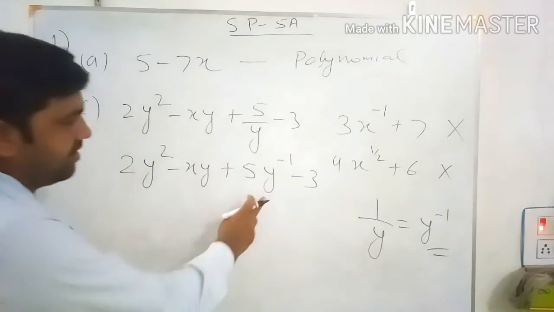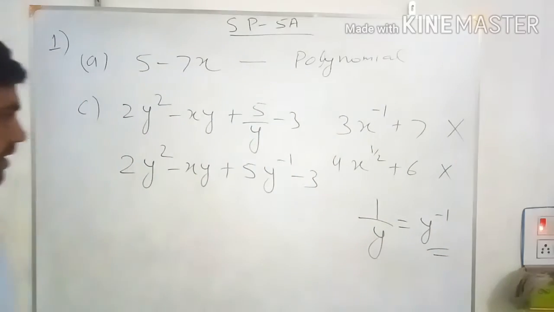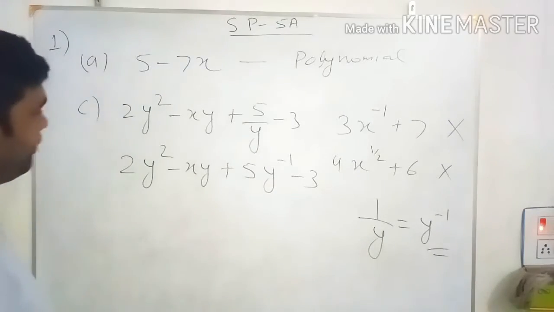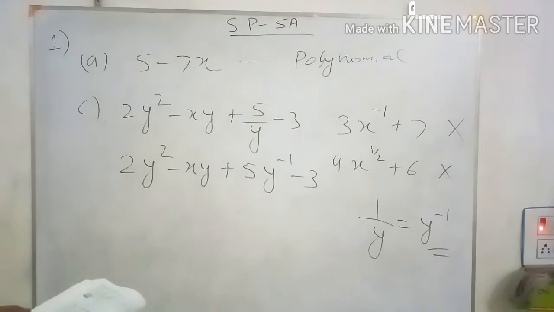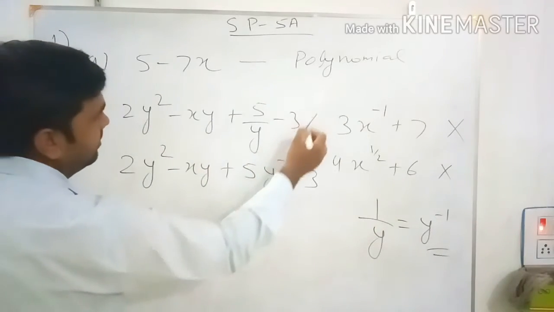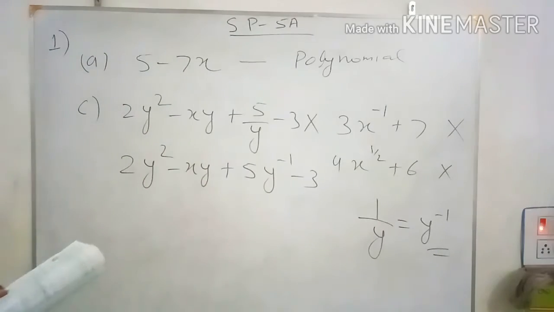Now the degree of the term y is minus 1, so this expression is not a polynomial. So option C is not a polynomial.